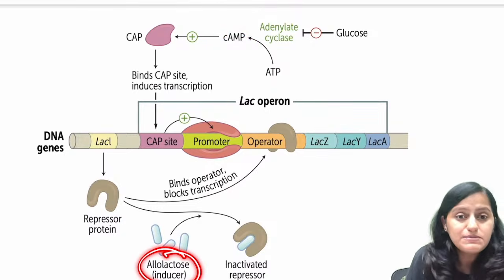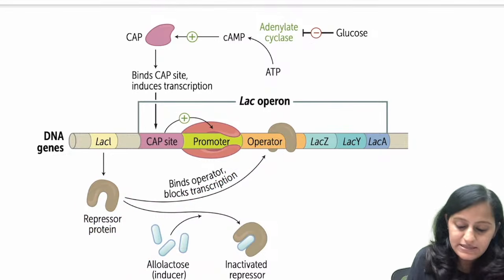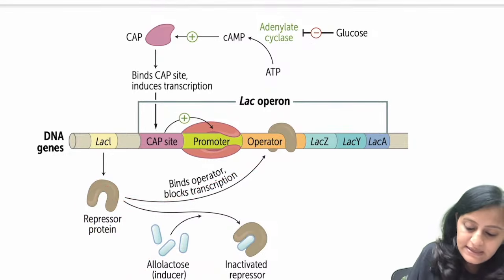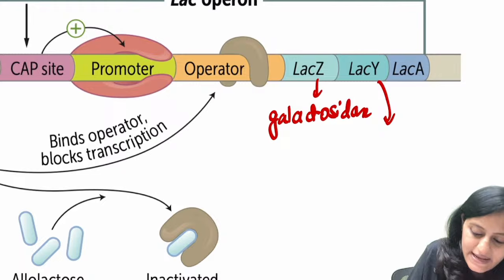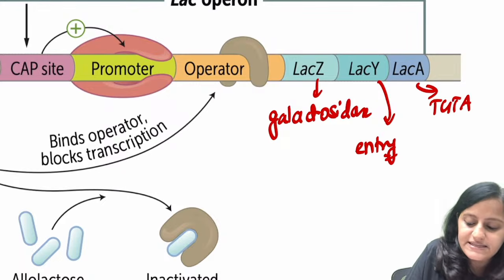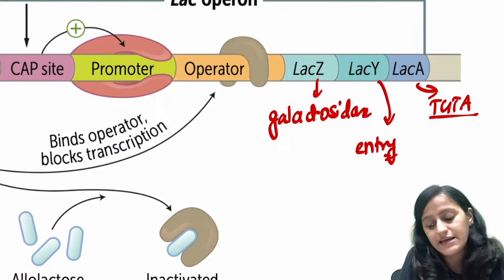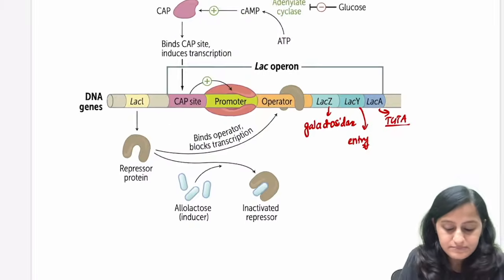Lactose, when available, changes the repressor so that it does not bind to the operator site. The repressor binds to the operator site. LacZ encodes for galactosidase. LacY is for entry, permease. LacA is TGTA, thiogalactoside transacetylase. Okay, clear with everyone? Right?